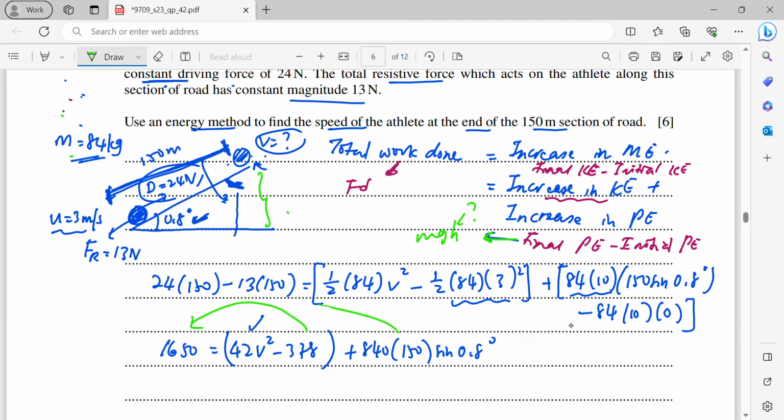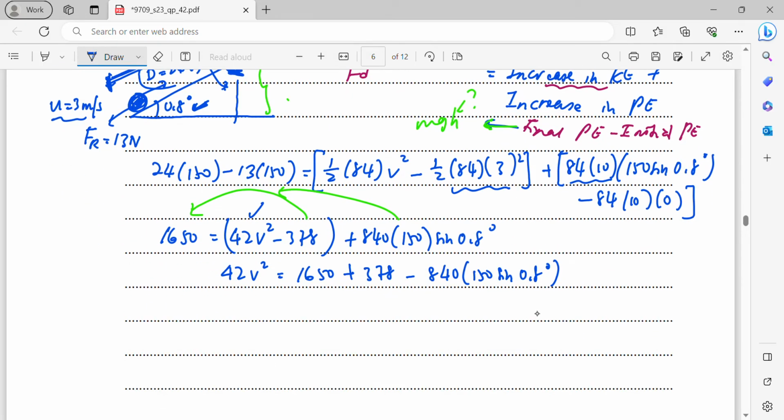These two terms will be moved. Then I will write this as 42v squared equals 1650 plus 378 minus 840 times 150 sine 0.8 degrees. Now I will calculate all these values in one shot.